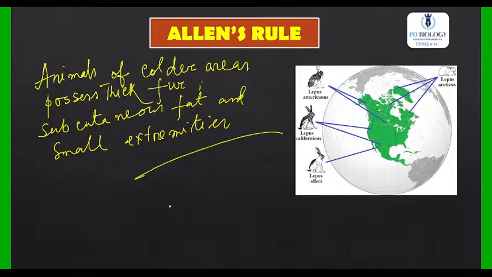See the example in the diagram of Allen's rule. They help in conservation of heat. During excessive cold, they may undergo hibernation.